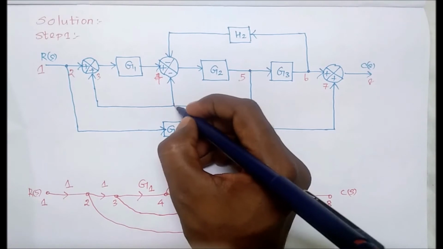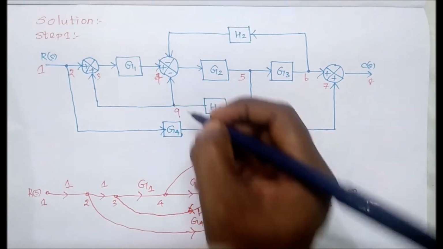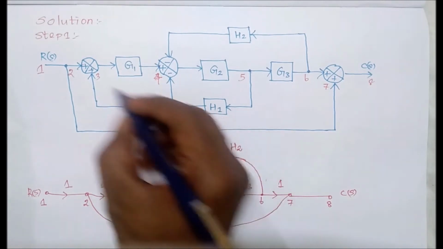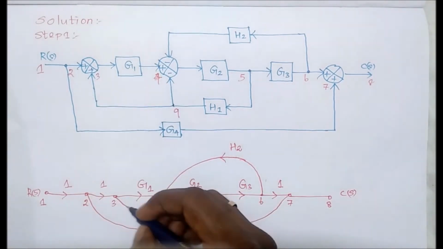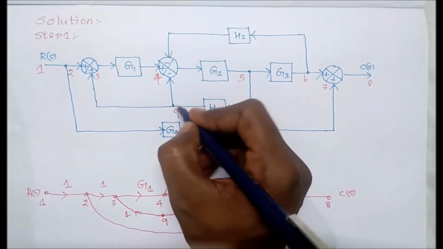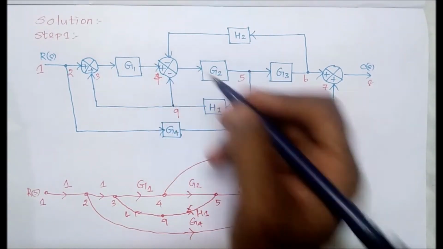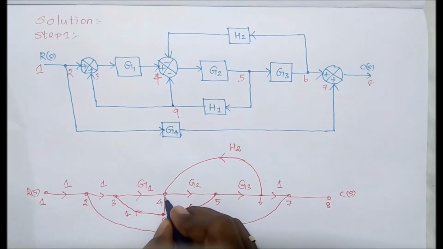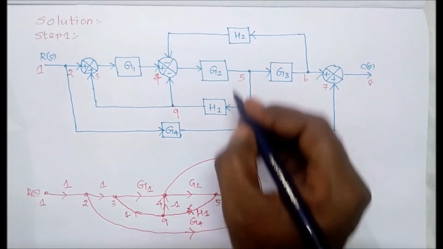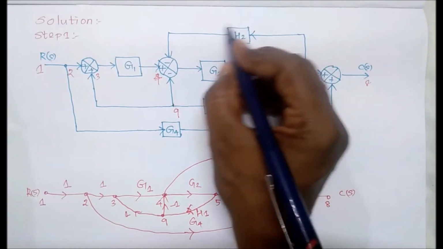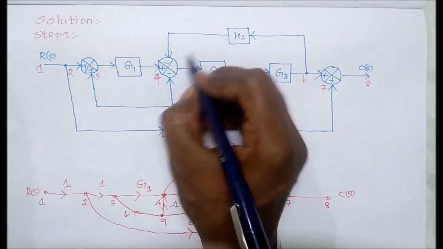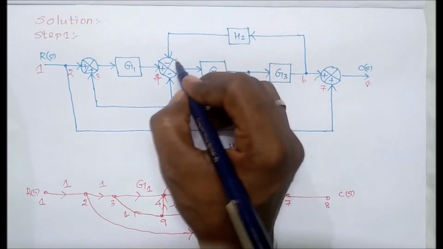Now there is one more point here that we can consider as node number 9. So 9 to 3 is connecting with positive, therefore here plus 1. But we see 9 to 4 is connecting with minus, therefore here minus 1. Similarly, this H2 is connecting with minus, so while summing it will be added as minus H2.